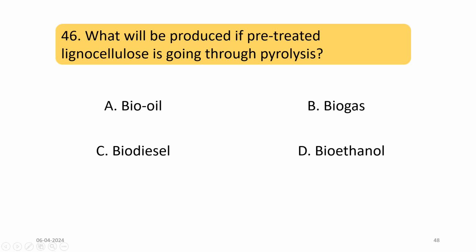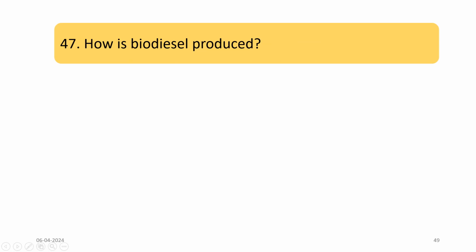The answer is bio-oil. So bio-oil and biogas, biodiesel all are different. Okay, so you have to remember the difference. So it might be confusing, but pre-treated lignocellulose going through pyrolysis will produce bio-oil.